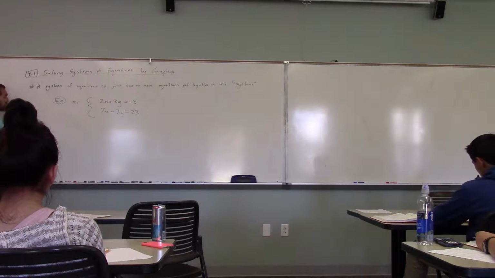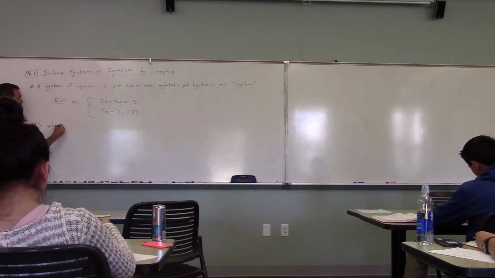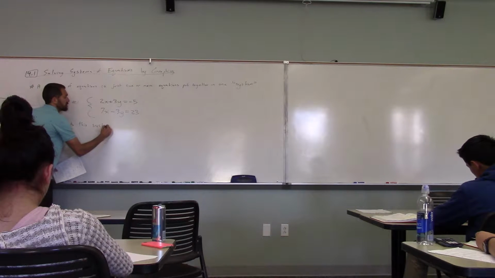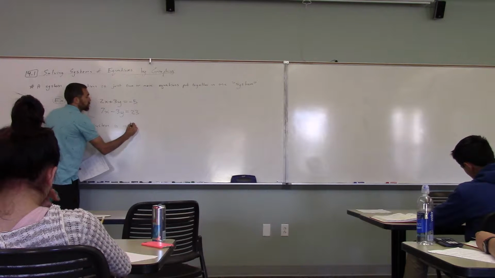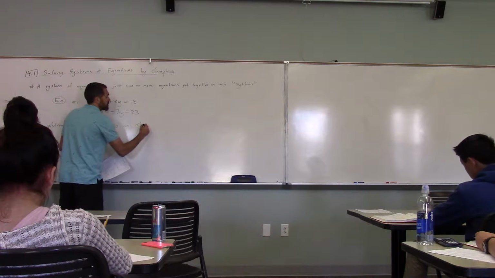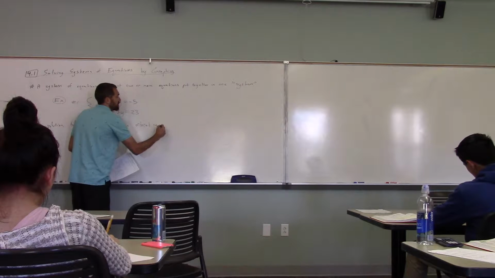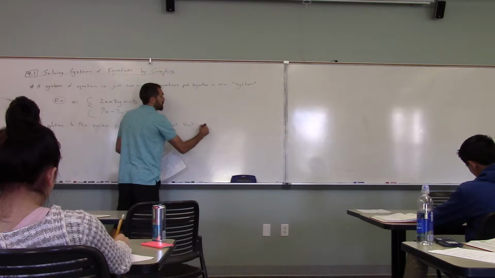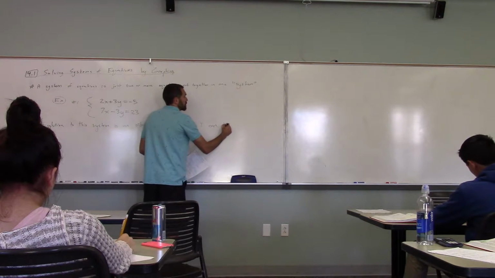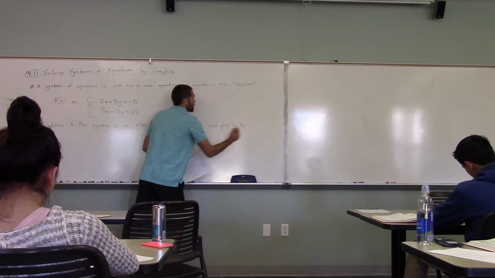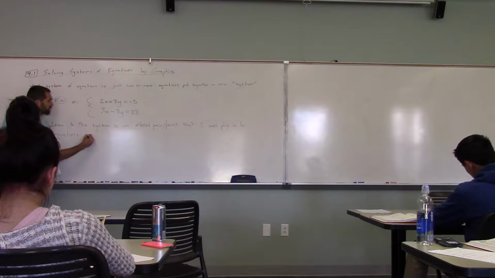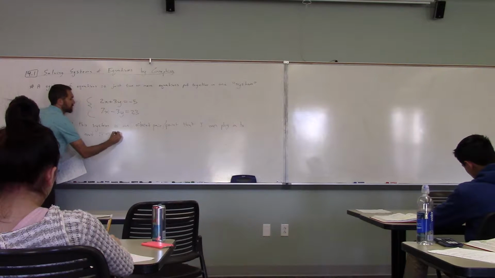So a solution to this system is an ordered pair or a point, those are the same thing, that I can plug in to both equations, and it makes both true.